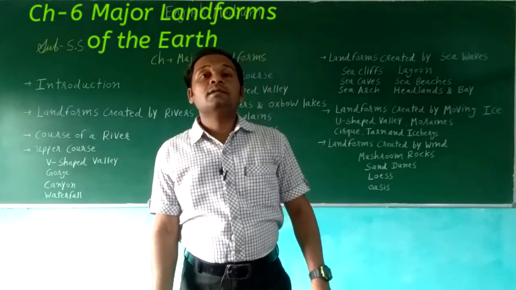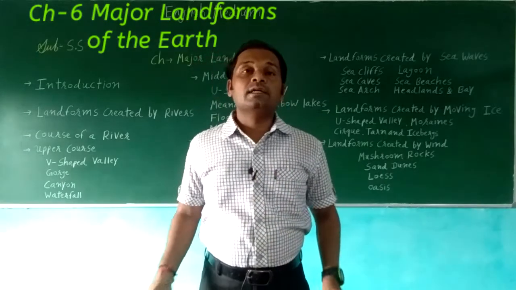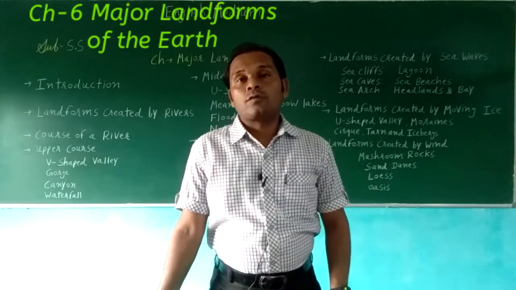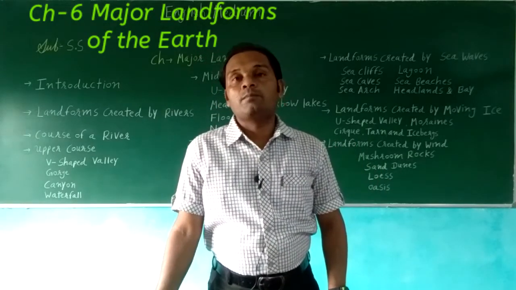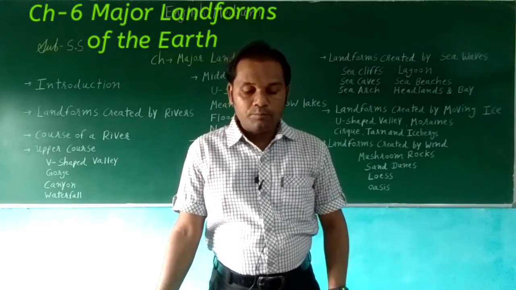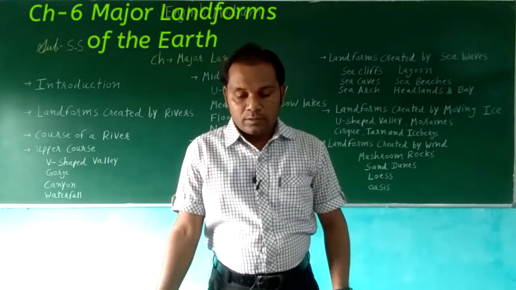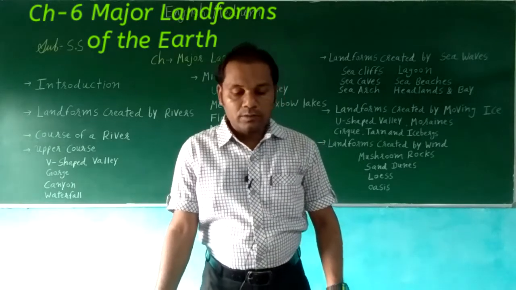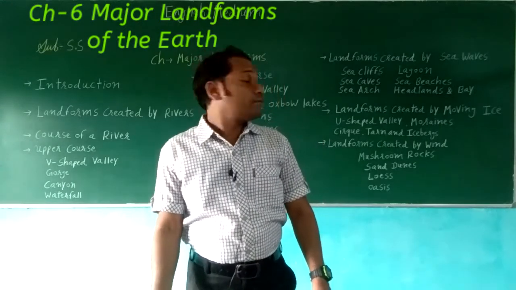So this is called the sea cliff. The sea waves directly beat against the rocks, and with the passage of time the rocks hollow out at the base and the part above collapses, leaving a steep wall. So this is called sea cliffs.